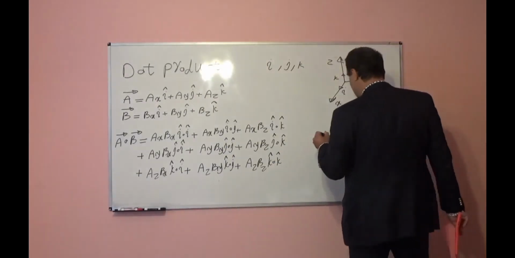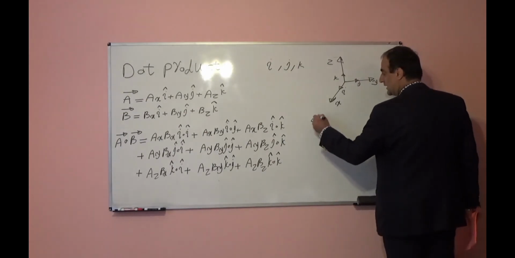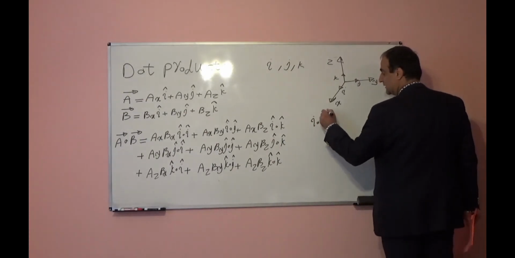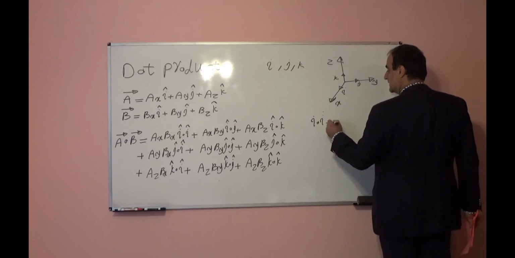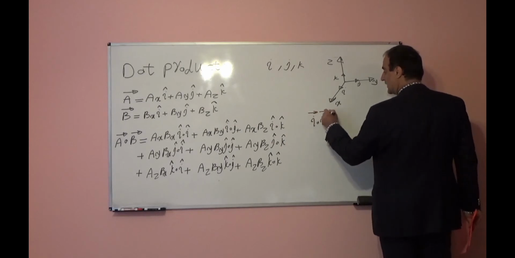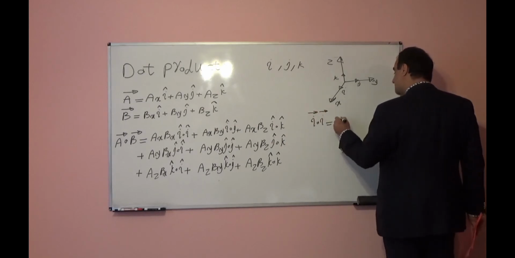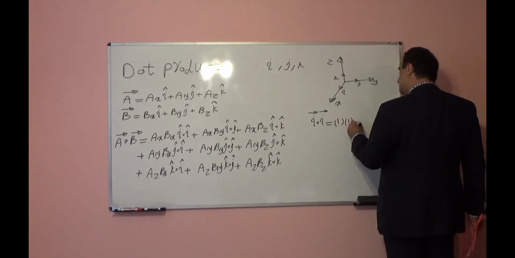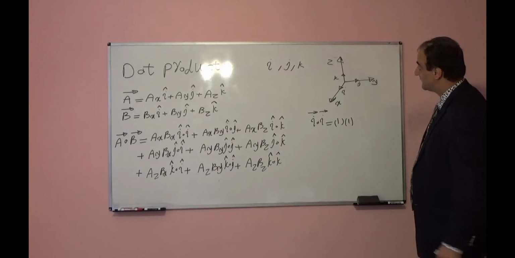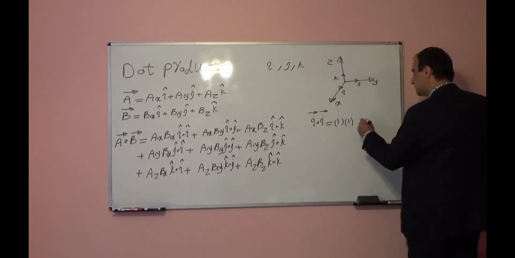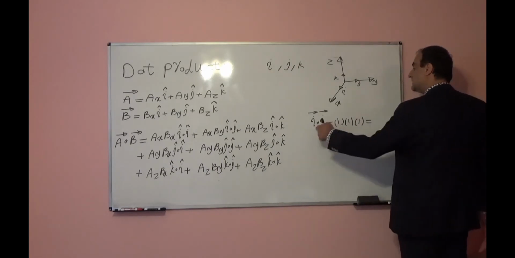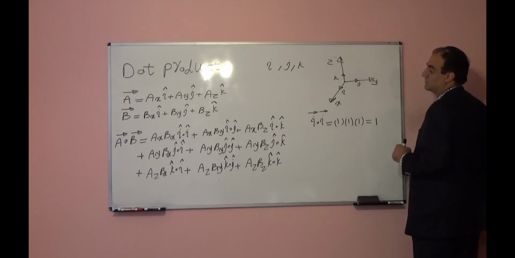From here we can write i dot i will be the magnitude of vector i, which is 1, times the magnitude of vector i, which is 1, times the cosine of the angle between i and i, which is 1.